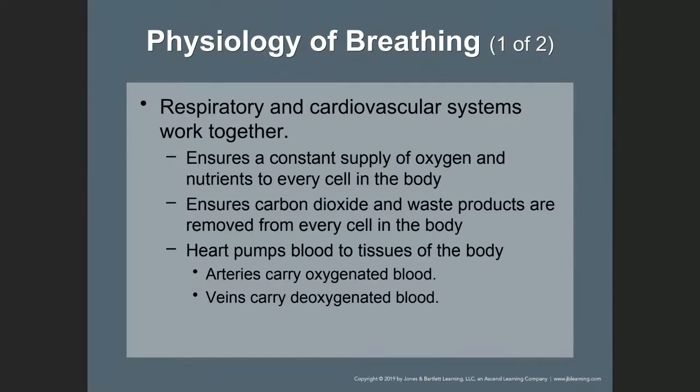The heart pumps blood to the tissues of the body. Arteries carry oxygenated blood, and we have exceptions to that. Veins carry deoxygenated blood, and there are exceptions. So the pulmonary arteries carry deoxygenated blood, and the pulmonary veins carry oxygenated blood. Those are the exceptions.